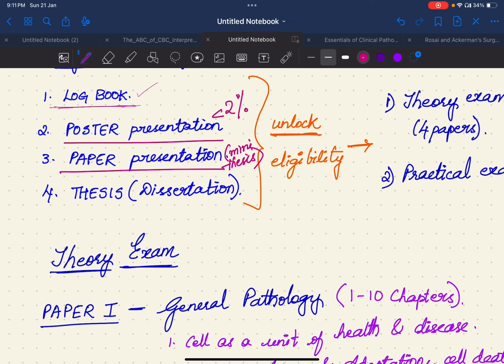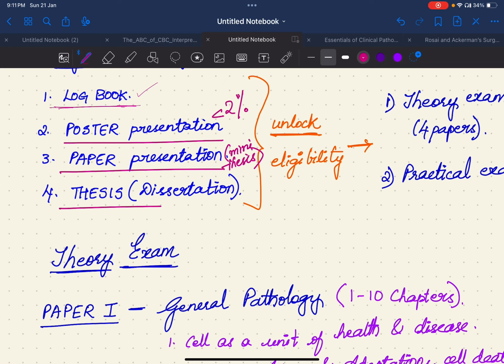You pick frequently encountered cases in your institution so that the sample size will be more. The more cases you include, the more beneficial it is to you. So you can conclude that in so many patients you've seen so many findings, hence this is proved. Like that, you can do a paper presentation at a state level or national level conference.